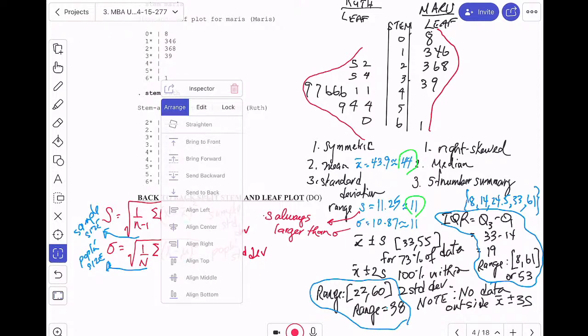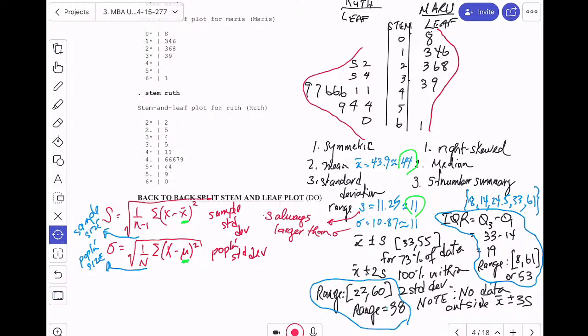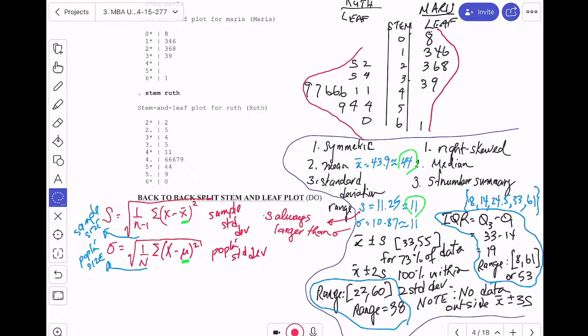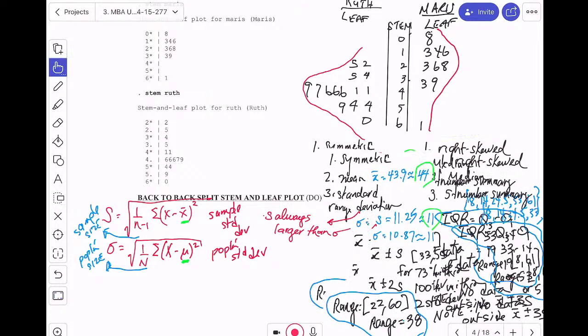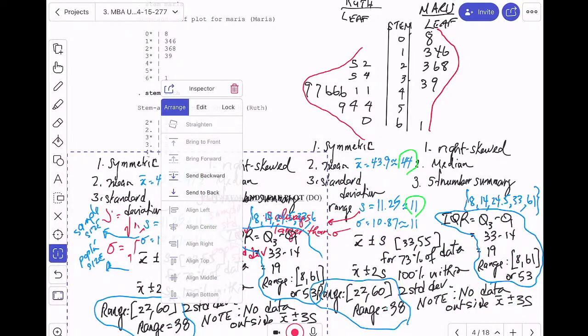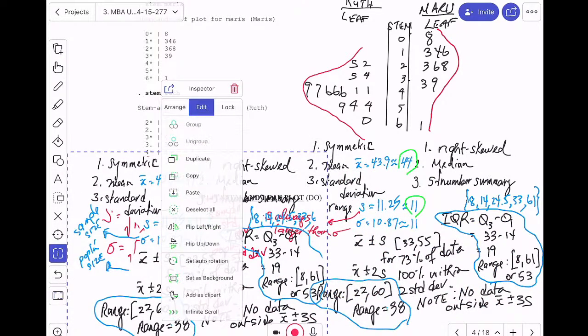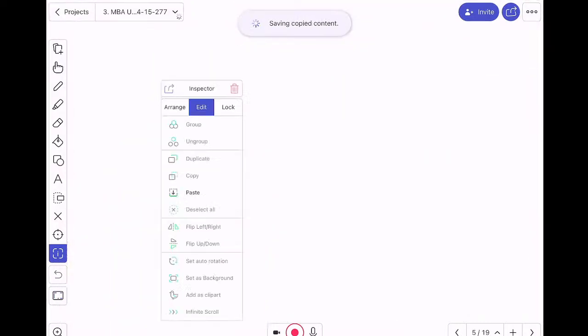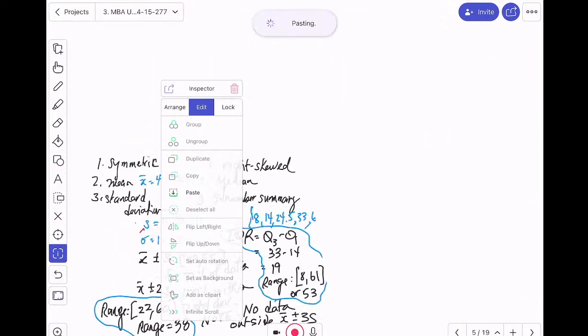I'm not going to bother with the graph; you just have to remember that graph. I'll take this with me. I think I got it all. And continue.